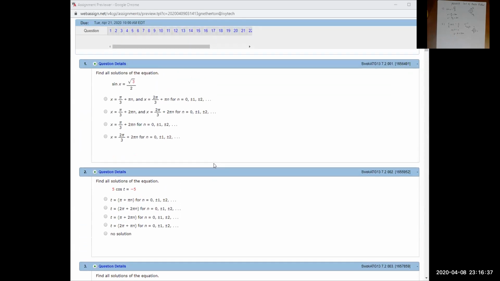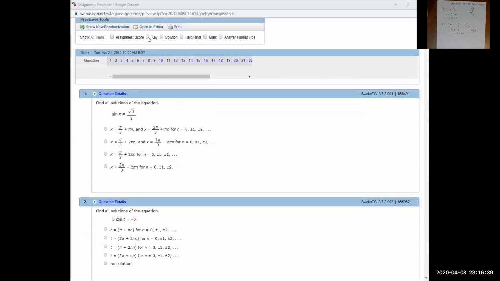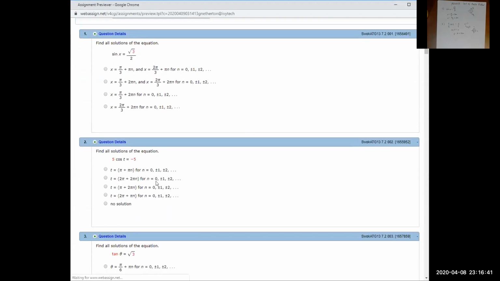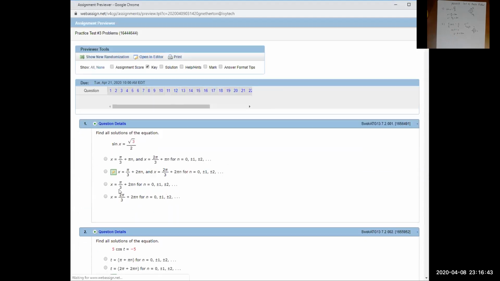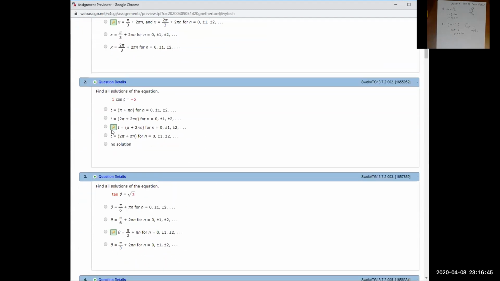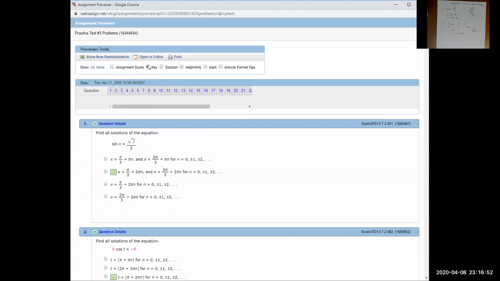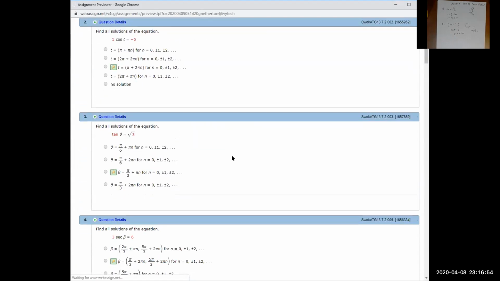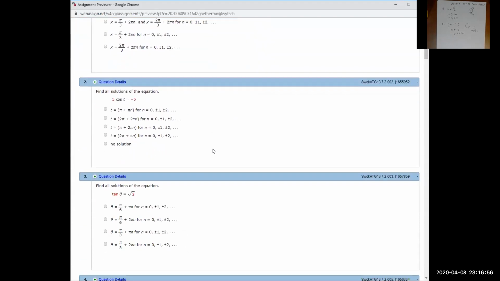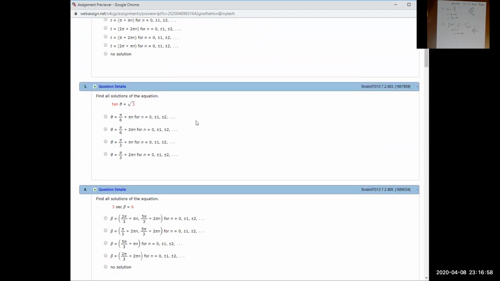If I go and click on the key, that's correct, pi plus 2 pi n. All right, problem number 3. Find all solutions. Tangent of theta equals square root of 3. So another solving a trig equation.